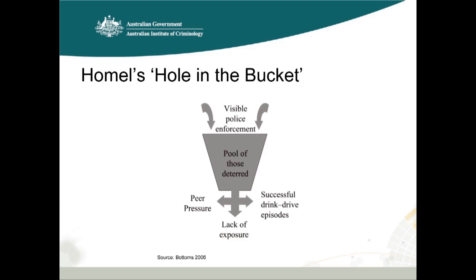Now, deterrence is an unstable process, and individuals can be undeterred. As Homel's hole in the bucket diagram illustrates, there are factors that can undermine deterrence, such as peer pressure and lack of exposure to RBT. So not only should RBT create deterrence, but importantly, it needs to sustain deterrence.